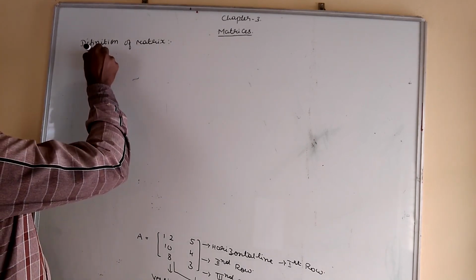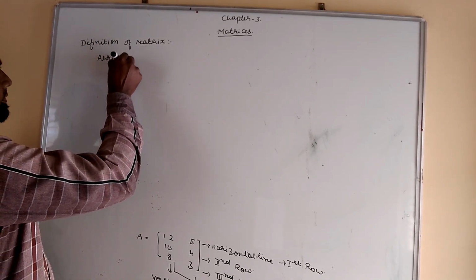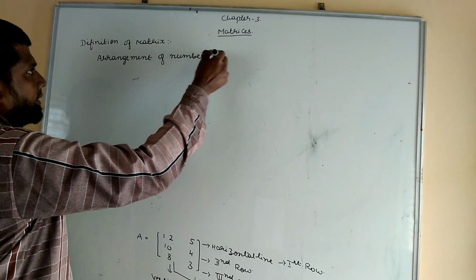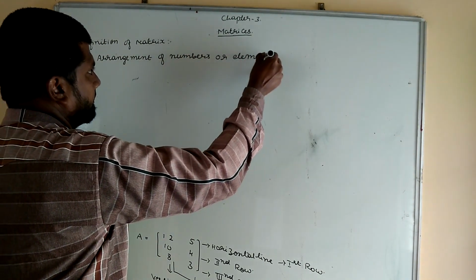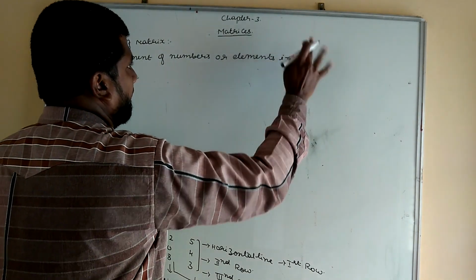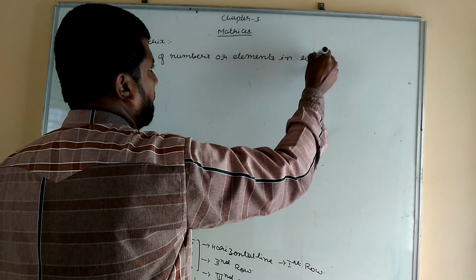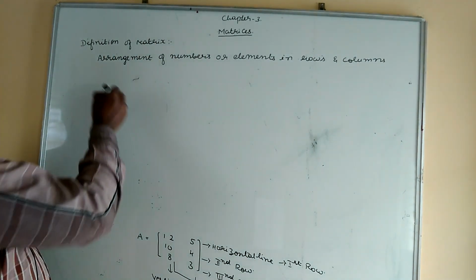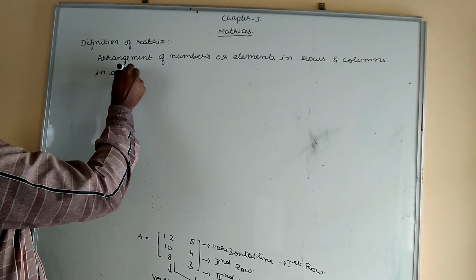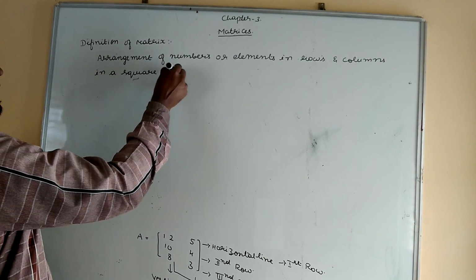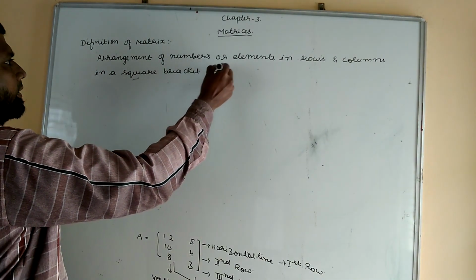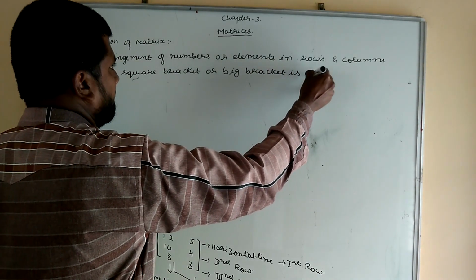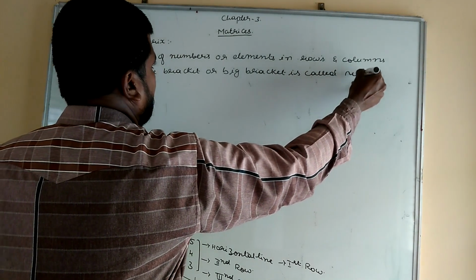Arrangement of numbers or elements in rows and columns in a square bracket or big bracket is called matrix.